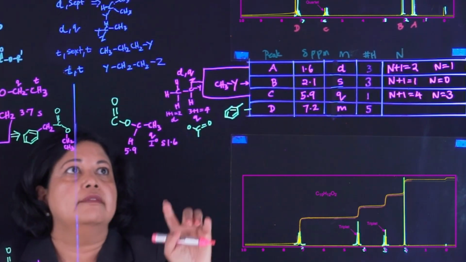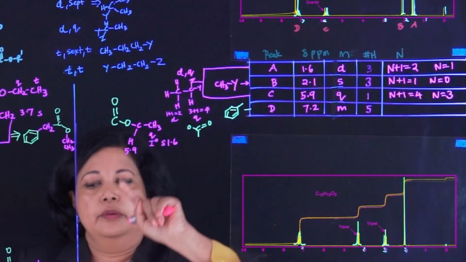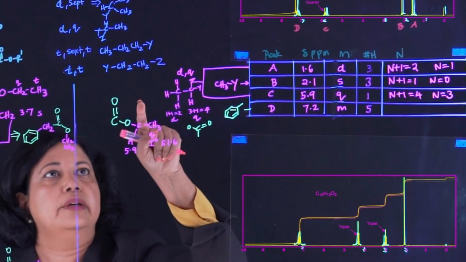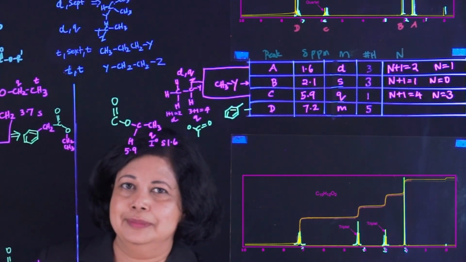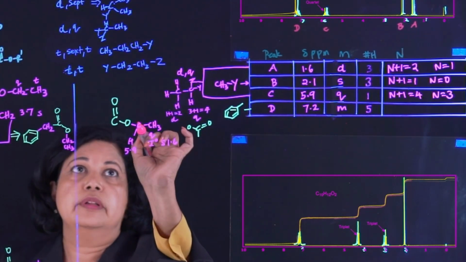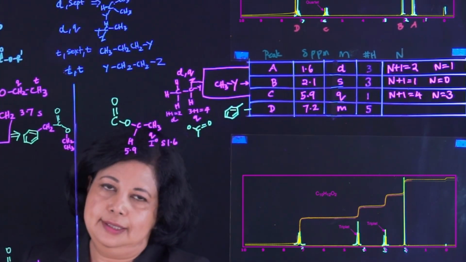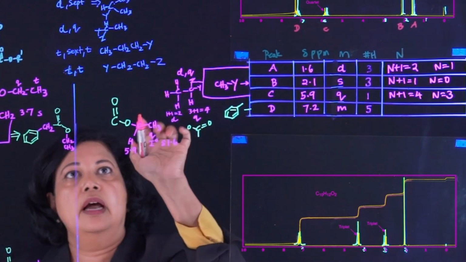Well, we have a methyl and we have a benzene. We have choices. We can either put the methyl here and the benzene here, or the benzene here and the methyl here. Now, if you put a methyl here, you know that this is going to be a septet, and we don't see a septet here. Therefore, the methyl does not go here.